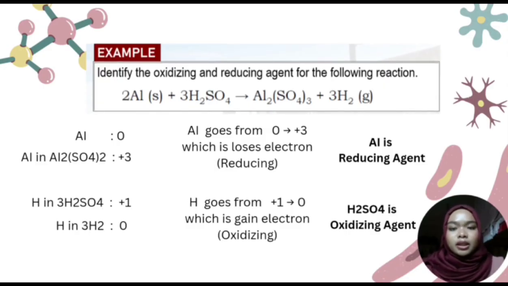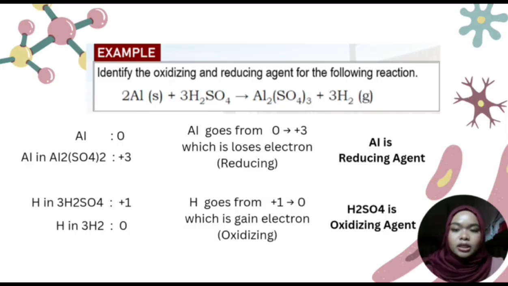On the left, Al equals 0, while Al in Al2(SO4)3 equals +3. Al goes from 0 to +3, which is a loss of electrons, so it's the reducing agent.